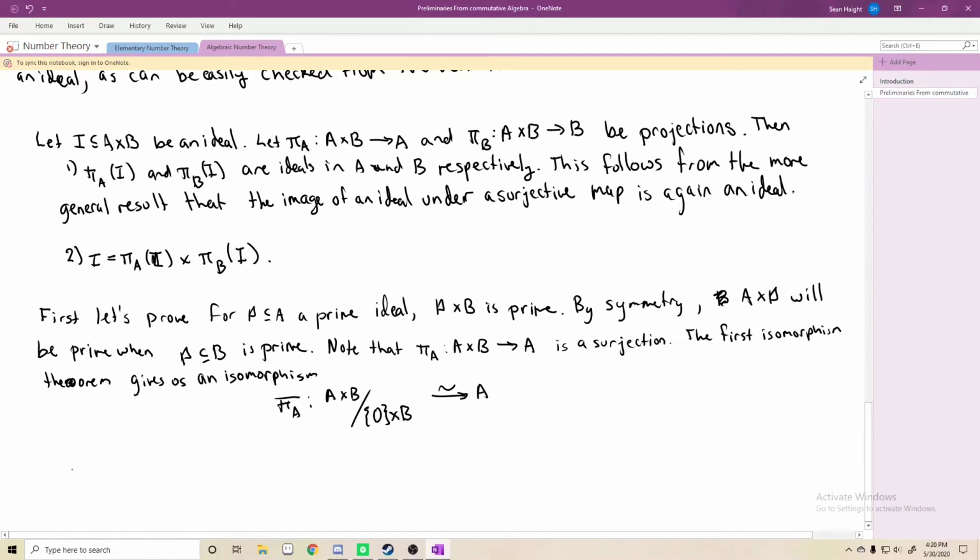And I guess you can either call it the fourth isomorphism theorem or our final proposition from last time about the correspondence theorem between ideals of the quotient and ideals of the original ring.